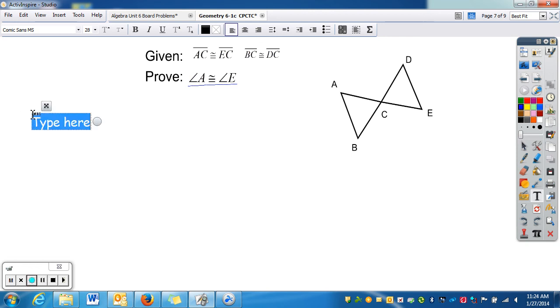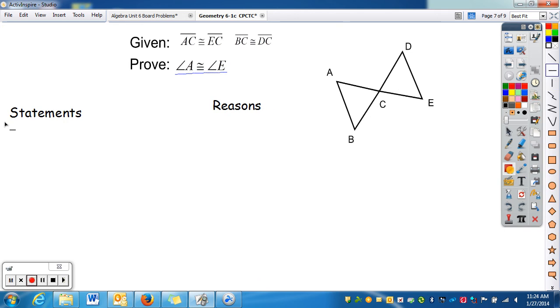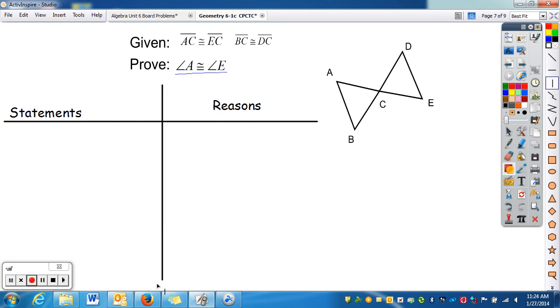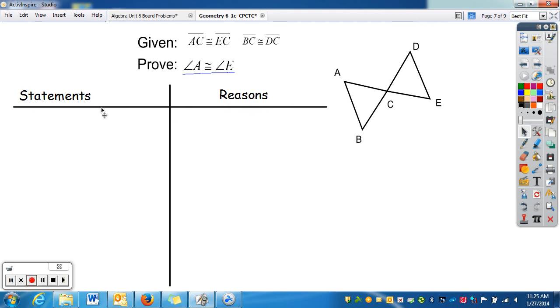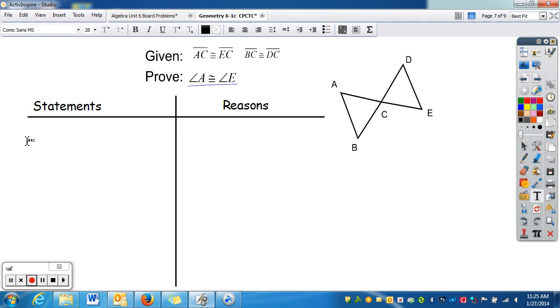So we have our statements, we have our reasons, making our two columns very nice and organized. Just like before, you have your given.